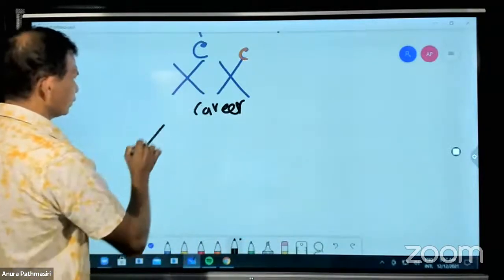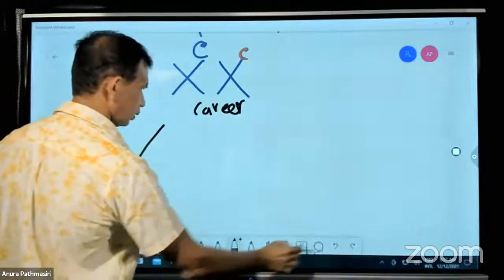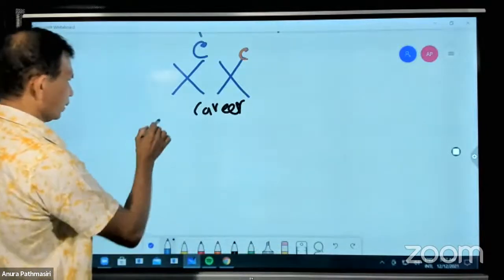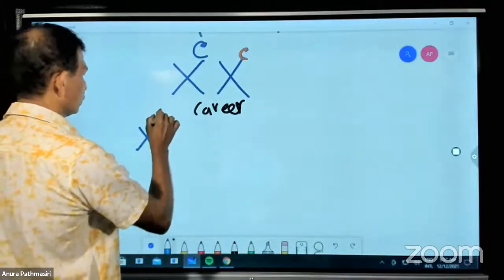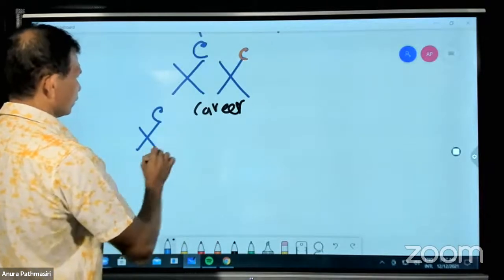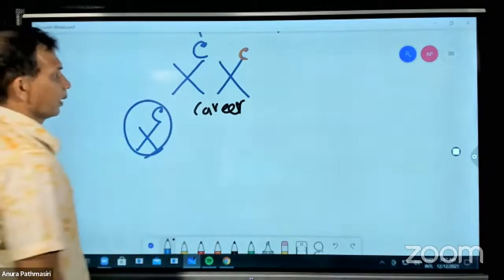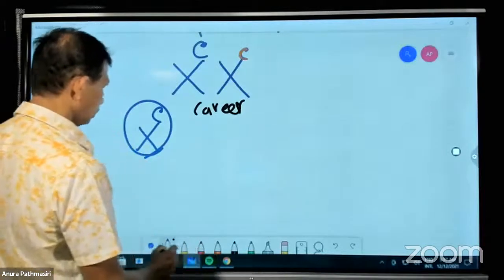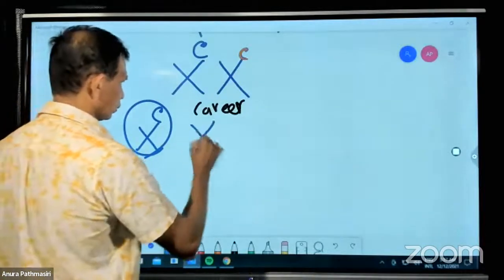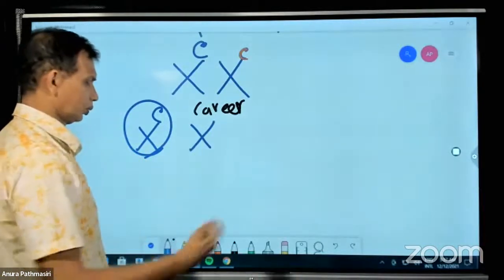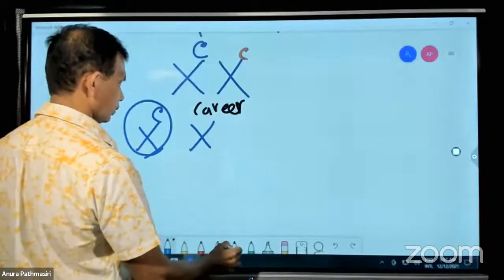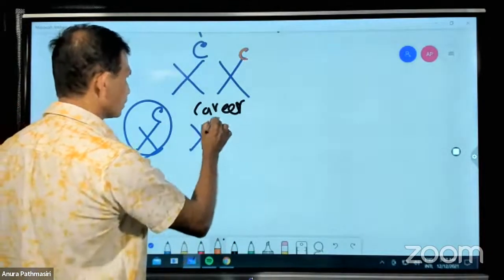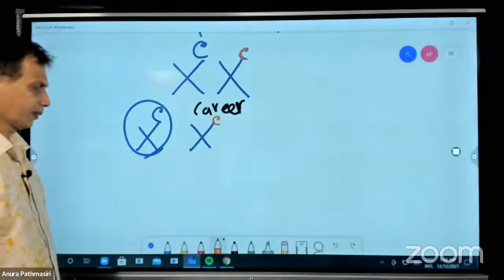From this one, she can have one ovum cell with capital C, and there will be another ovum cell with simple C. That's a terrible one.